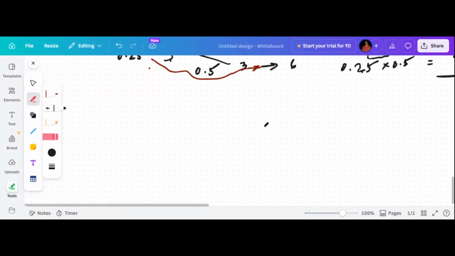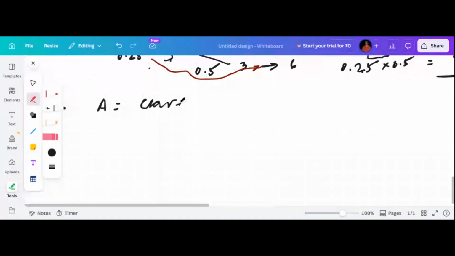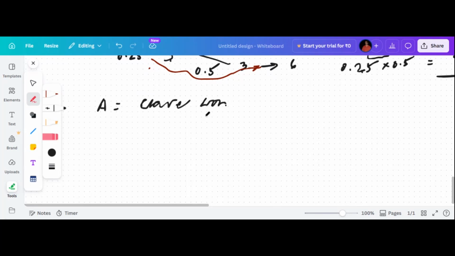So let me say A is the event Claire won all her matches, and B is the event more than 4 total matches won.